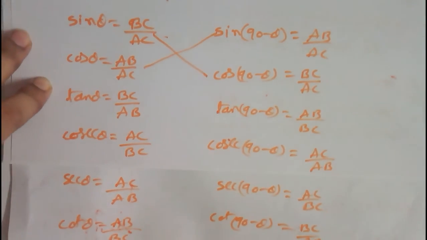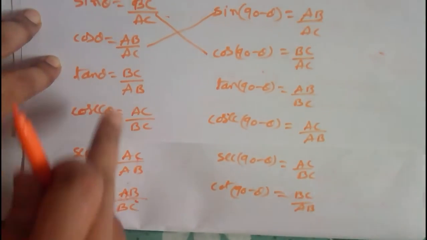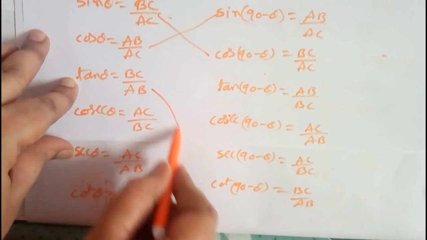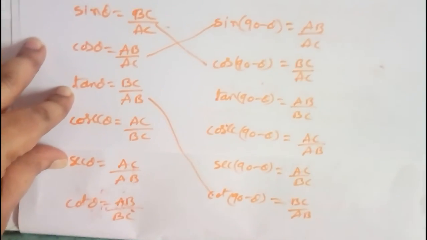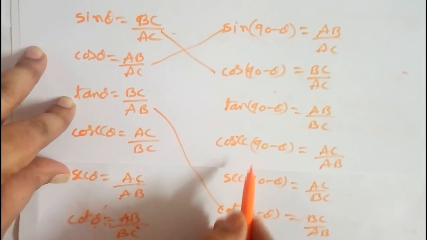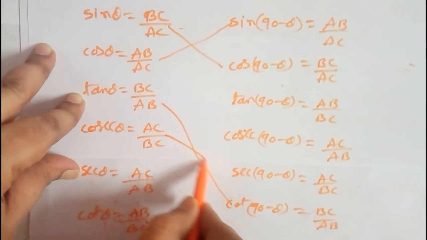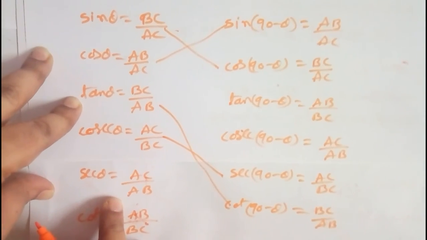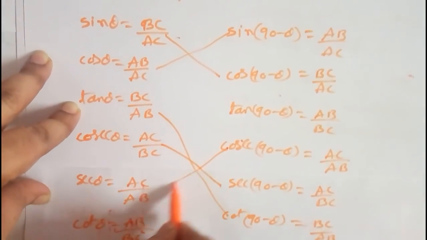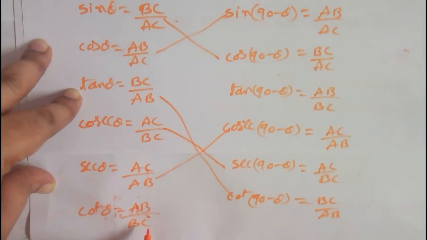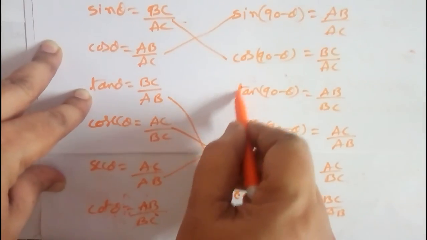Tan theta is BC by AB, which is cot of 90 minus theta. Cosecant theta is AC by BC, which is secant of 90 minus theta. Secant theta is AC by AB, which is cosecant of 90 minus theta. Cot theta is AB by BC, which is tan of 90 minus theta.